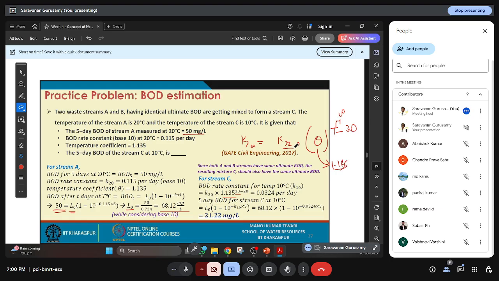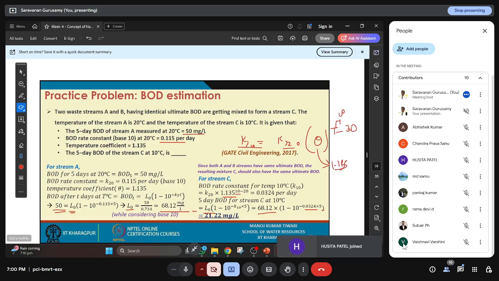What is K20? 0.115. Understand? You can find K10. That K10 you substitute into the 5-day BOD of stream C having the same L naught, 68.12 from A. All the known values are there, so 21.22 is my BOD5 of stream C. Got it? Any doubt in this?